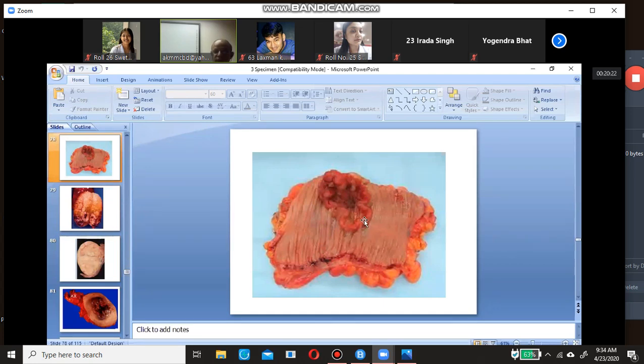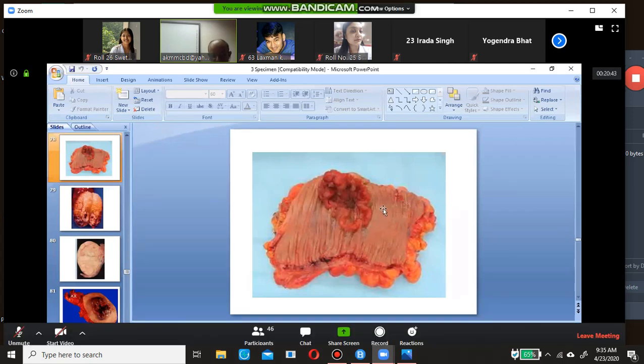The margin is everted. The everted margin and ulceration. This is carcinoma of the colon. Can you recognize the specimen? These are the mucosal folds, and these are the fats.